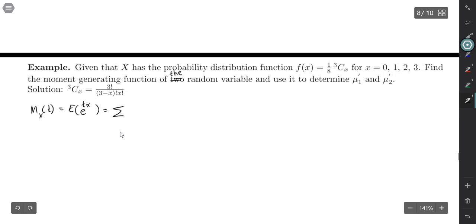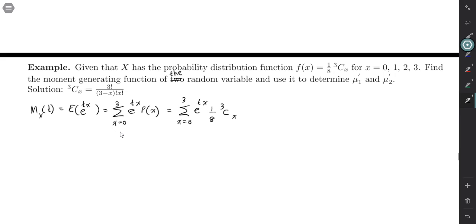This is the sum, x goes from 0 to 3, of e to the tx times p(x).